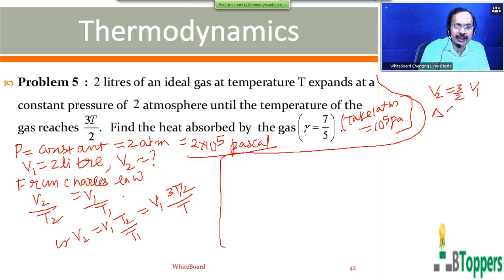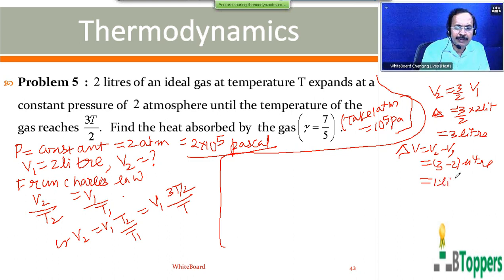So here the initial volume of the gas is 2 liters, so the final volume of the gas will be 3 liters. The change in volume of the gas is equal to final volume minus initial volume, that is 3 minus 2 liters, or 1 liter, which you can write as 10 power minus 3 cubic meter approximately.